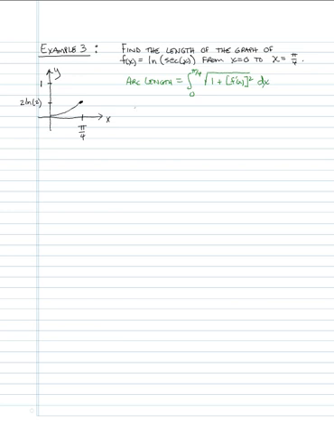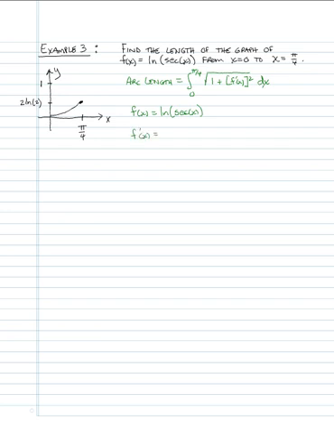Knowing that our function is f of x equal to the natural log of the secant of x, we need to calculate the derivative. In this case, we're going to have to use the chain rule.